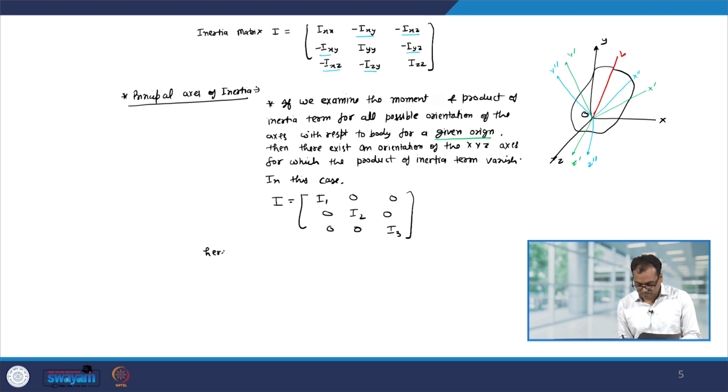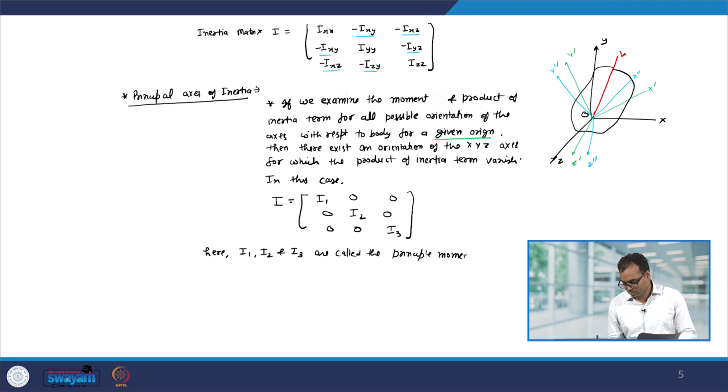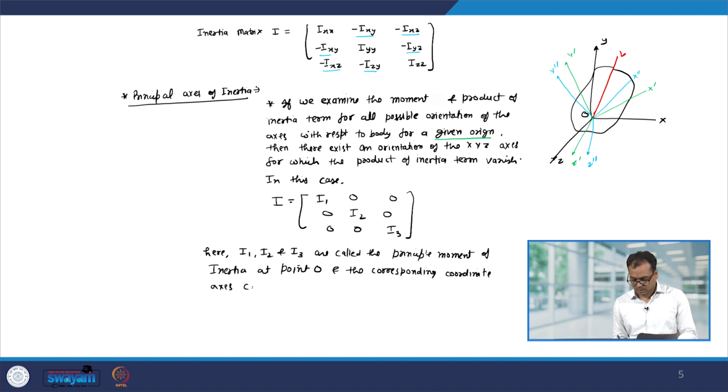Here this I1, I2 and I3 are called the principal moment of inertia at point O, and the corresponding coordinate axes are called the principal axes.